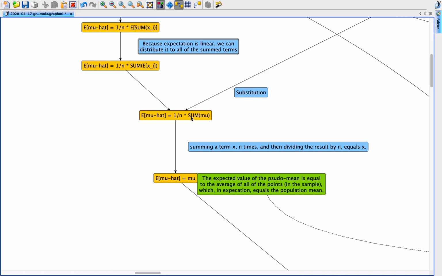Then we're also dividing by n, or multiplying by 1 over n, so the summing and dividing cancel out, and we end up with mu. So the expected value of the pseudo mean is equal to the average of all the points in the sample, which in expectation equals the population mean.